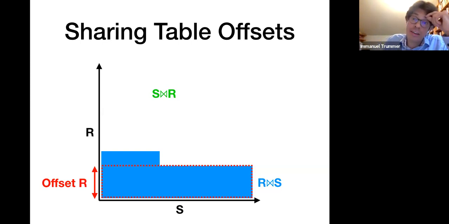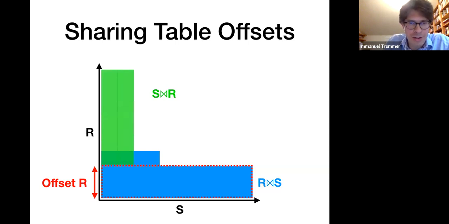So that means that for one fixed tuple in S, I start after the offset in R and only consider the remaining tuples here. So I would do this here until the current episode ends.